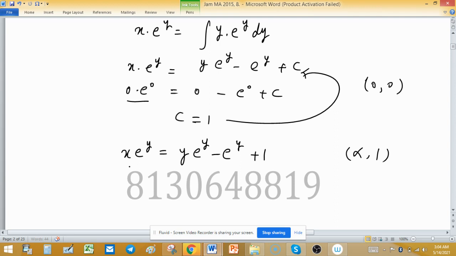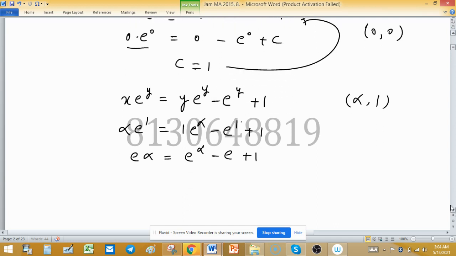So alpha e raised to the power 1 is equal to 1 times e raised to the power 1 minus e raised to the power 1 plus 1, and we have to find the value of alpha.